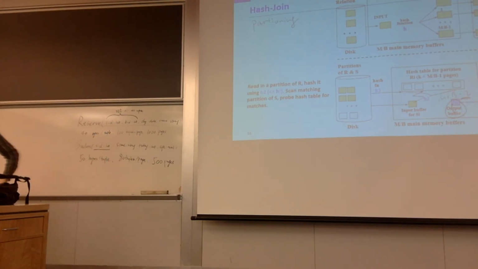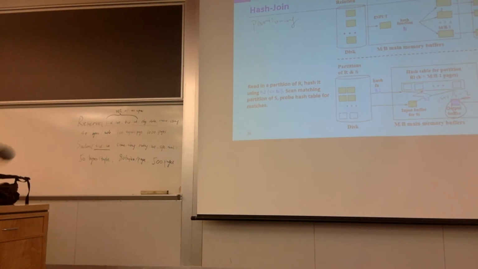Once you have that in-memory hash table for one of the partitions of reserve, you start bringing one of the corresponding partitions of sailors into the memory, one page at a time into the input buffer. Then you loop through all the tuples in that partition.